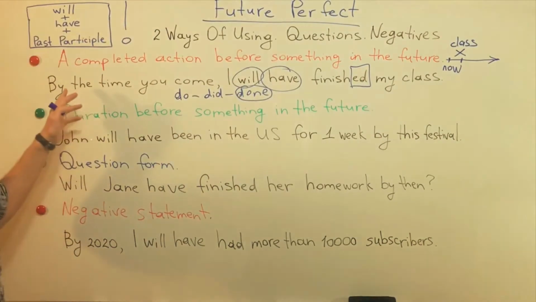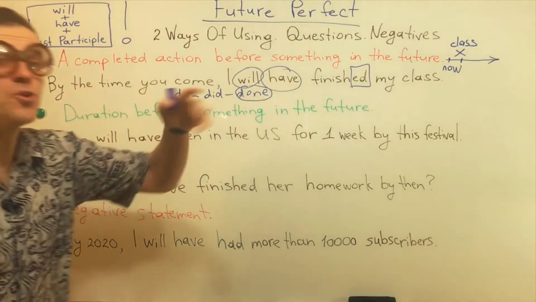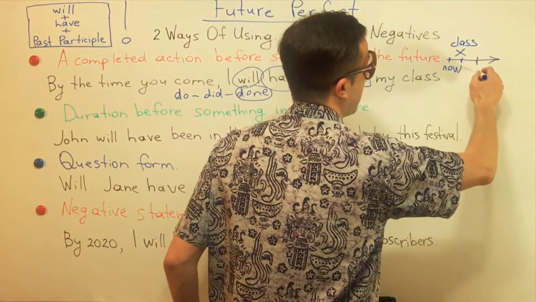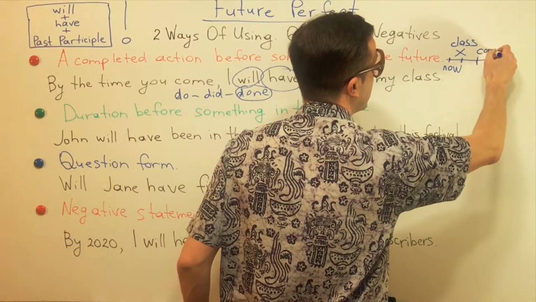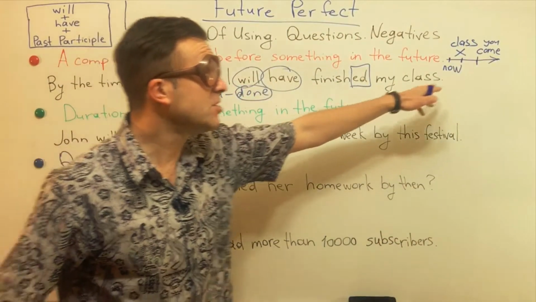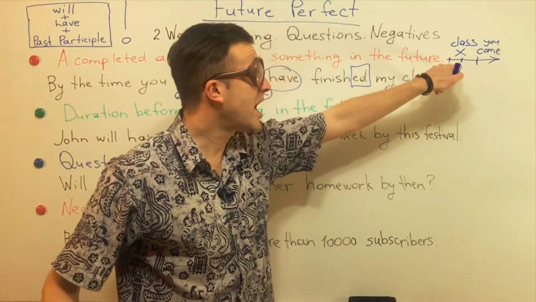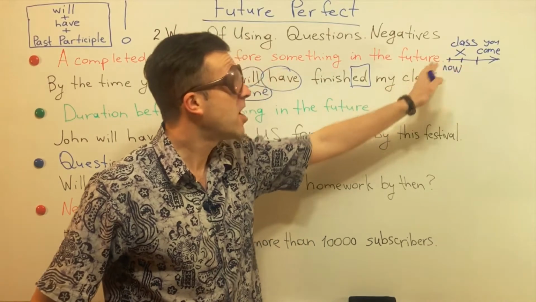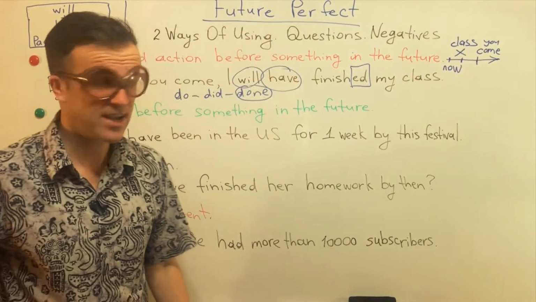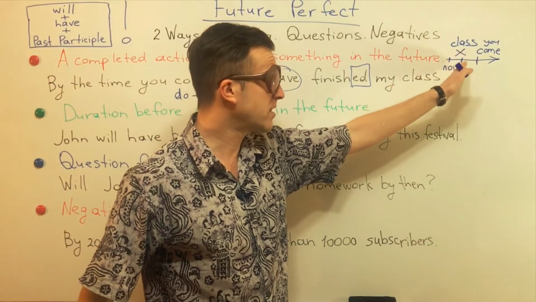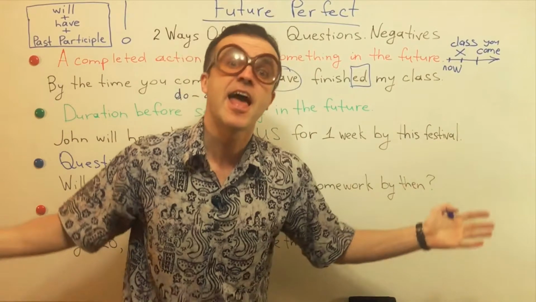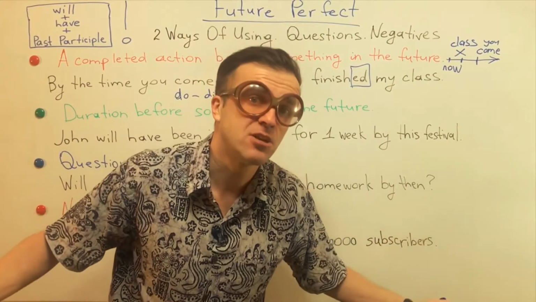And here you come. So in the future, you come. So by the time you come, I will have already finished my class. So first I finish my class in the future, and then you'll come and you'll see that I will have finished my class.